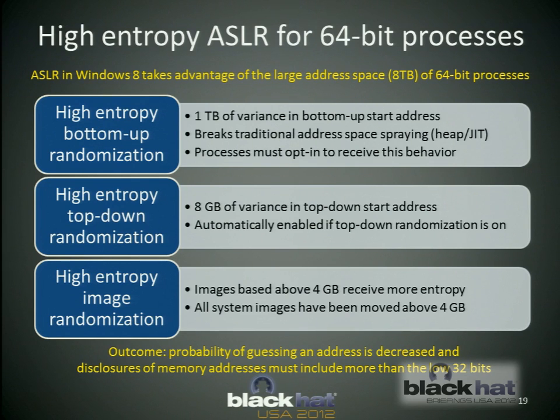It also has an impact on information disclosures, because now that we've introduced entropy into the higher order bits above bit 31, attackers actually need to disclose more than just the low 32 bits of an address to know specifically where something is mapped in the 64-bit process address space. So this has an impact on information disclosures as well.